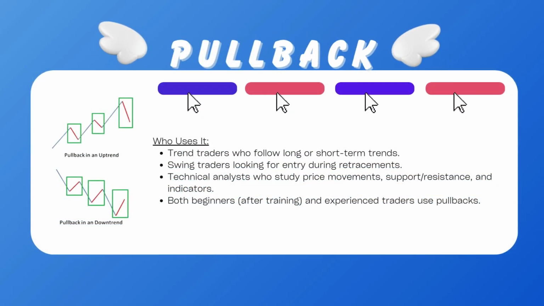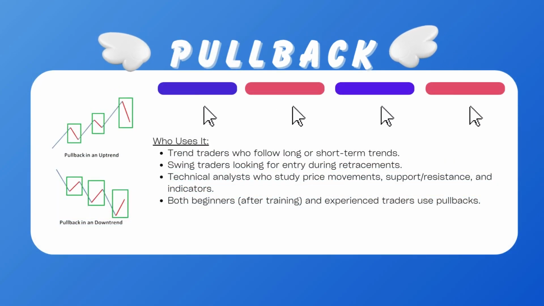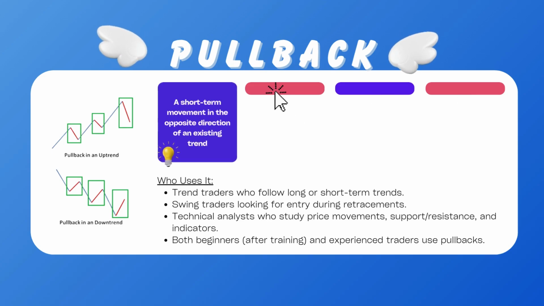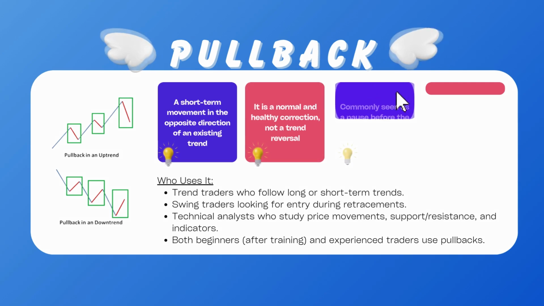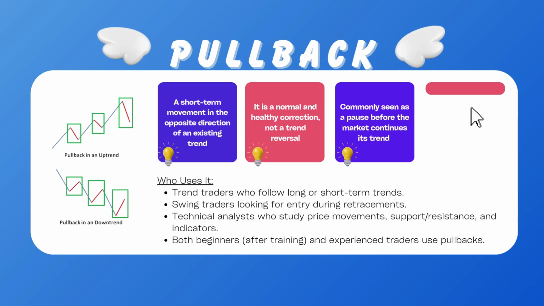What makes pullbacks so useful is that they are short-term movements in the opposite direction of the current trend. They are normal and healthy corrections, not trend reversals. In fact, they are commonly seen as a pause before the market continues its trend.